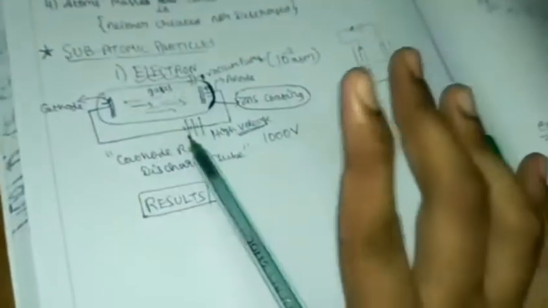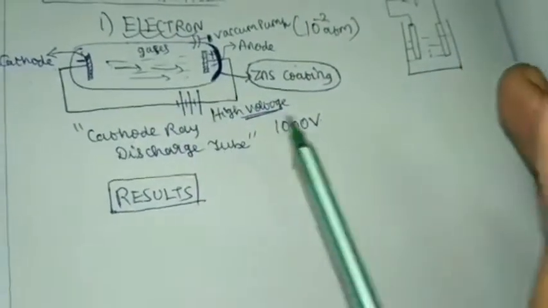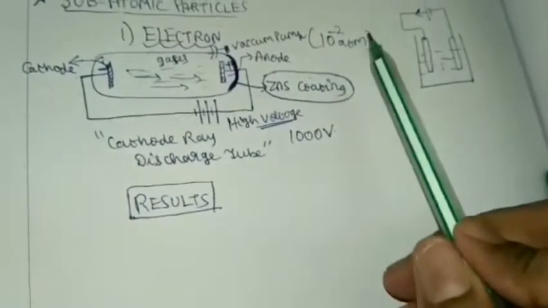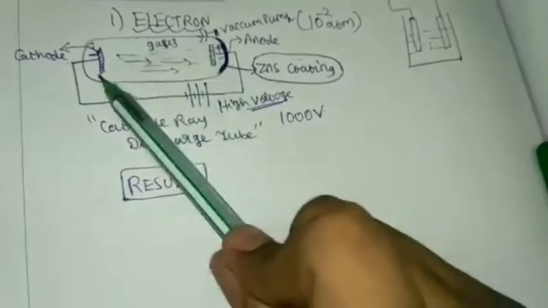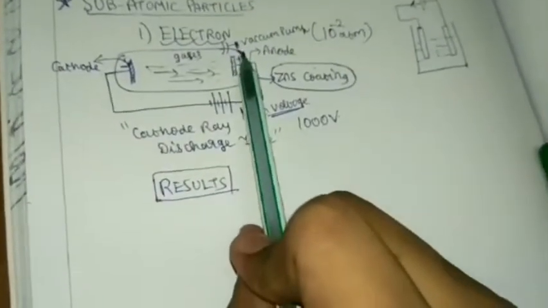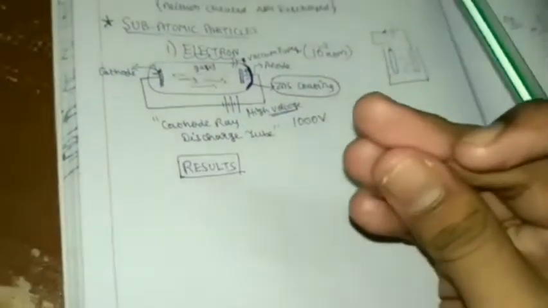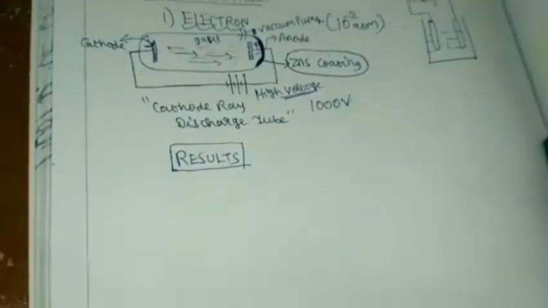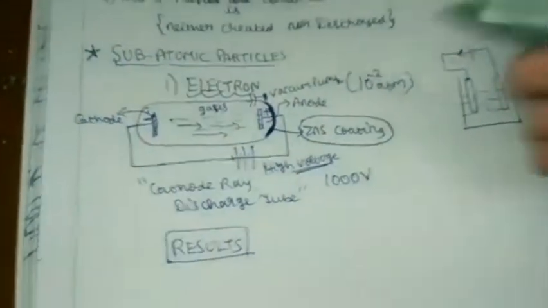And when electricity was passed from a battery of high voltage, 1000 volts, and pressure 10 power minus 2 atm, rays started to emerge from the cathode to the anode side, where when it struck the zinc sulfide coating, a bright phosphorescence came into the picture, which confirms the presence of some rays over here.